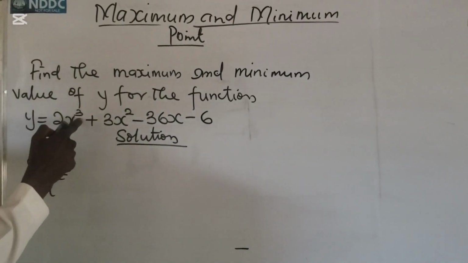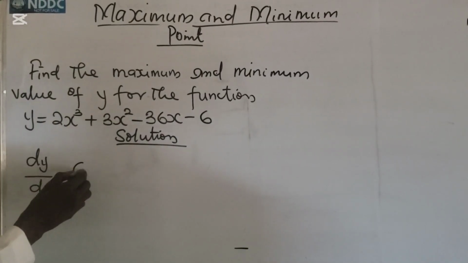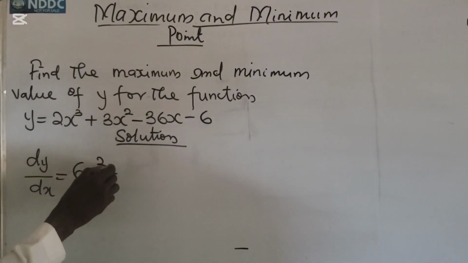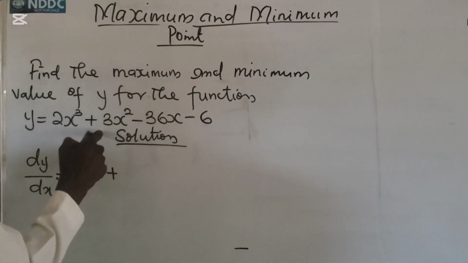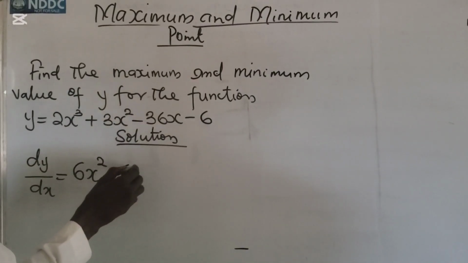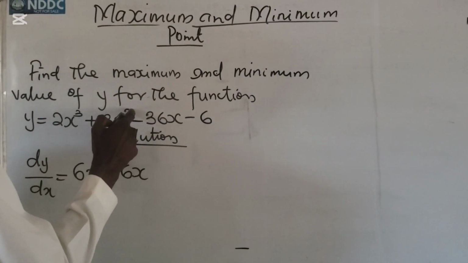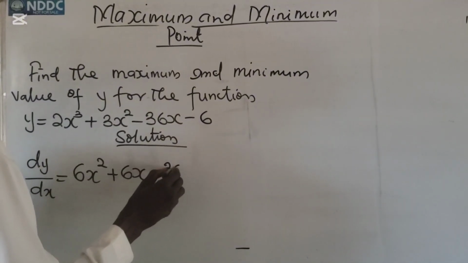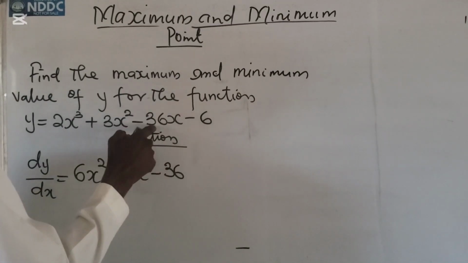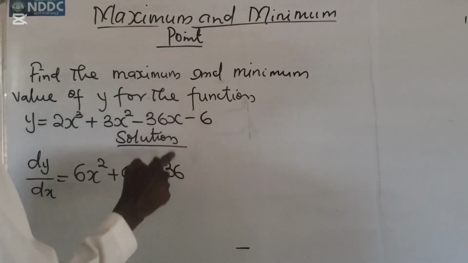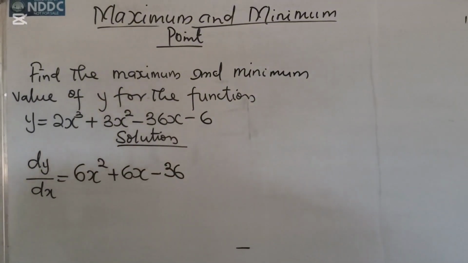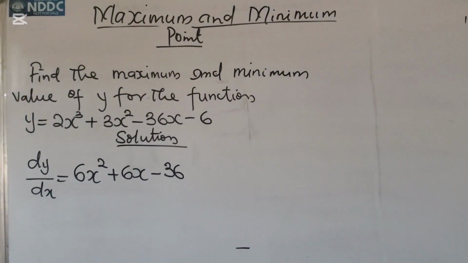When you differentiate this, 3 times 2 is 6, which is 6x raised to the power 3 minus 1, which is 2, plus 2 times 3 is 6, 2 minus 1 is 1, so 6x, minus 36. Here 1 times 36 is 36, and 1 minus 1 is 0, anything raised to the power 0 is 1, so it's 36. And differentiating a constant gives 0.